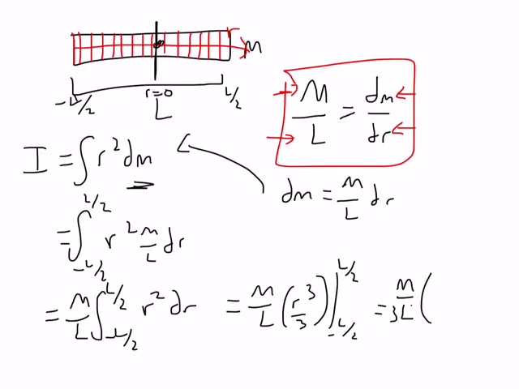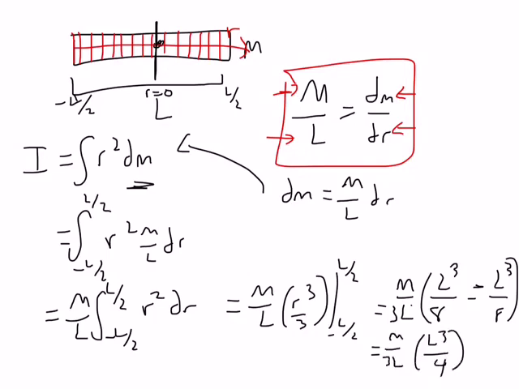L over 2 cubed is L cubed over 8, minus a negative, because it's cubed, so we still are left with a negative, L cubed over 8. Those combine, we get 2L cubed over 8, or L cubed over 4. We can cancel some of these L's, and the 3 and the 4 combine to be 12. So mL squared over 12 is our final answer.